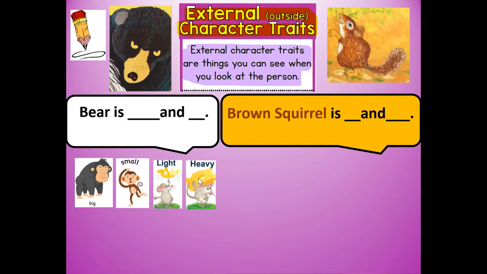Brown squirrel is small and light. Squirrel does not weigh nearly as much as bear. So you need to push pause, write brown squirrel is small and light. And when you're finished writing that sentence, push play to rejoin the lesson.